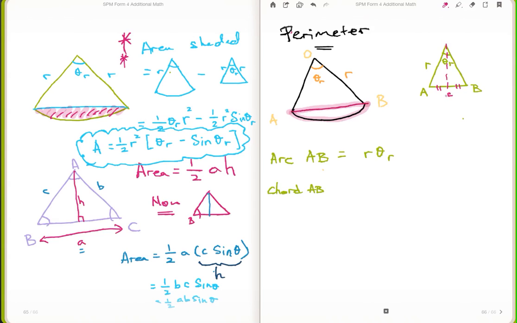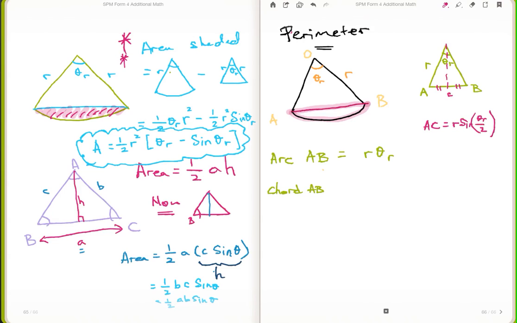What happens is, you may make use of the trigonometric rule again, whereby your AC length is equivalent to r sine of the bisected angle, theta over 2.